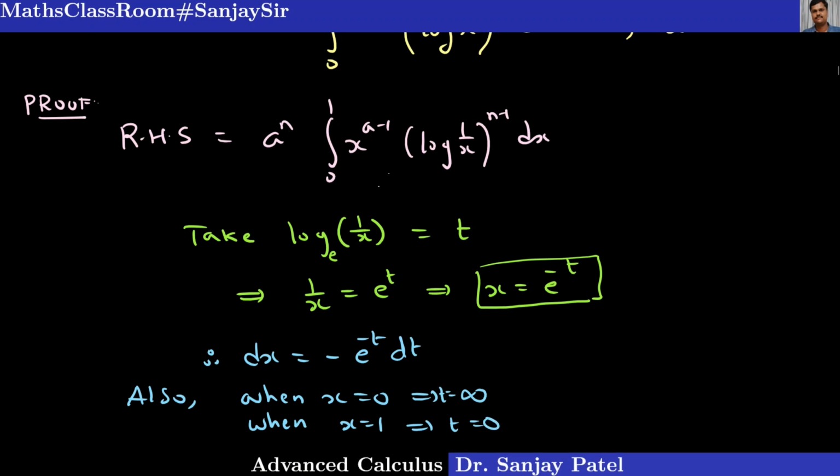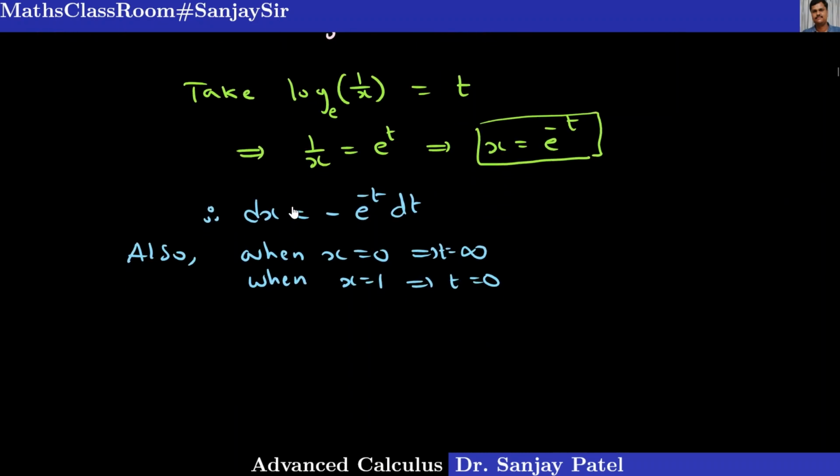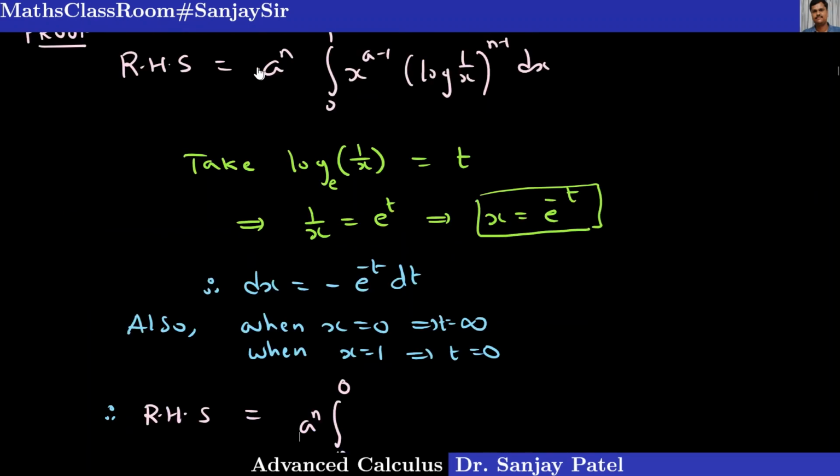Fine. So putting all these values in this right hand side integral, what I will get is that integral is equal to, therefore RHS becomes integral infinity to 0, and then a raised to n is already there. Let me write that if I forgot. Yes, it is a raised to n.